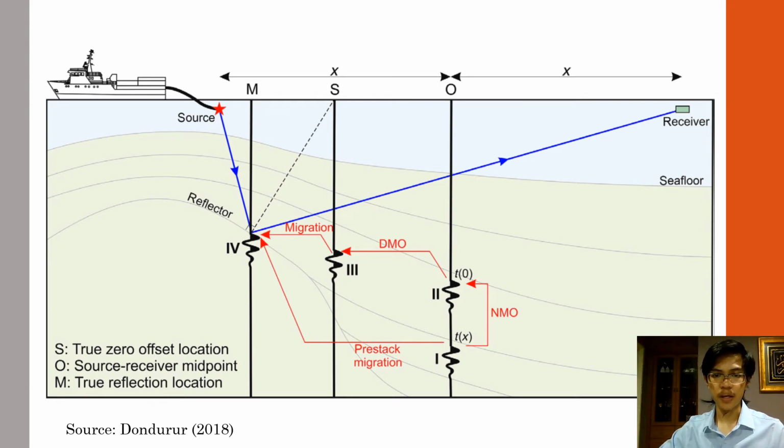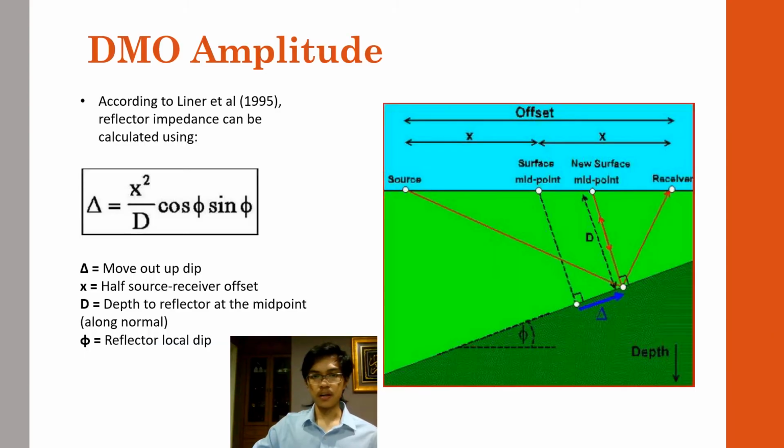Then we apply DMO, dip move out, to move the traces to the true zero offset distance. Then we apply post-stack migration to move the traces to the true subsurface location. Liner et al. came up with a formula to calculate DMO amplitude in 1995.